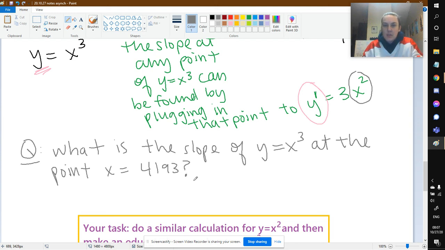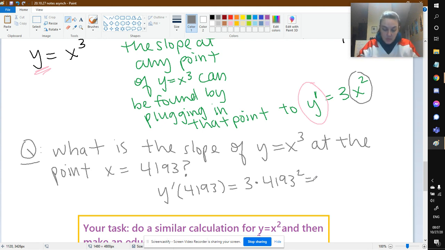That's a ridiculous thing to calculate. However, I just know that the slope at 4193 is 3 times 4193 squared, which is a huge number. I shouldn't have picked such a big number, but that's fine. The slope at that point is this.